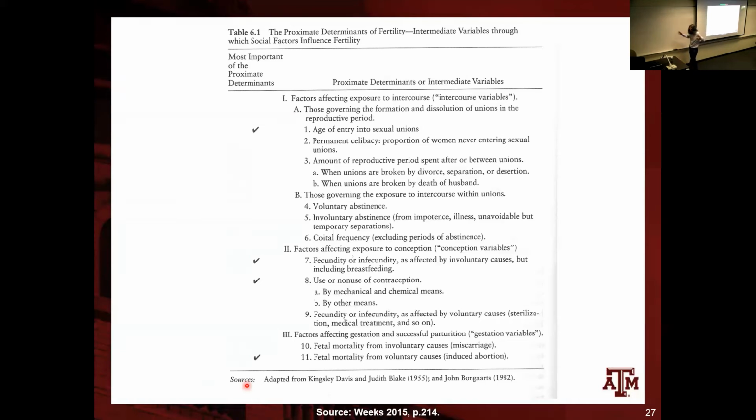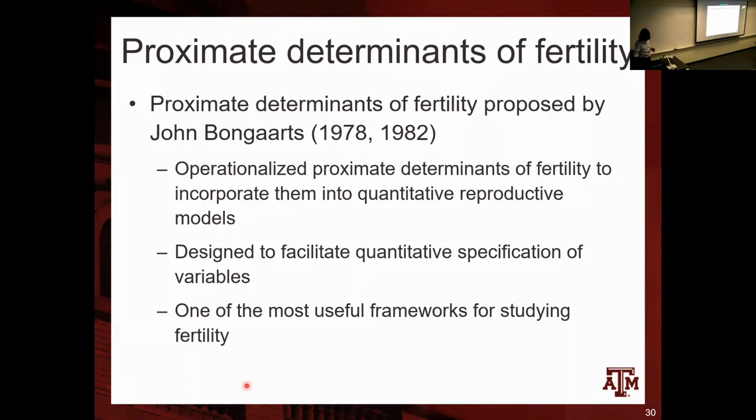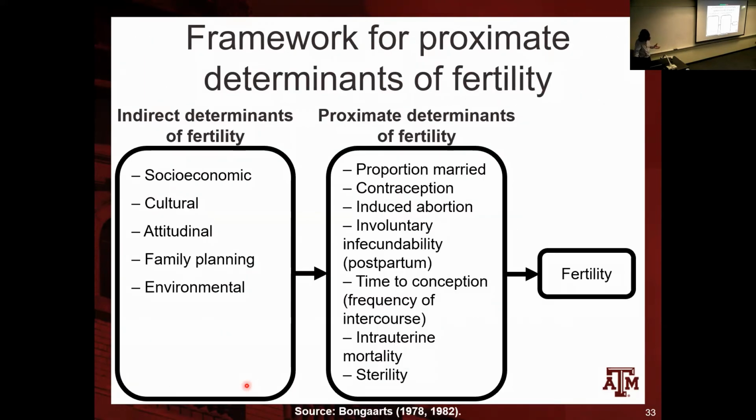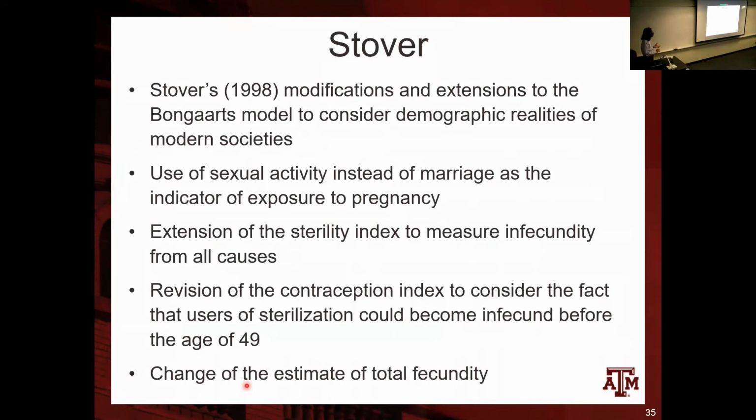So it's pretty much just seeing that there are several different reasons for women not being able to have children, and Stover is emphasizing that we should take into account all causes of infecundity.